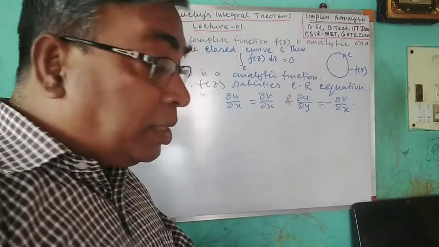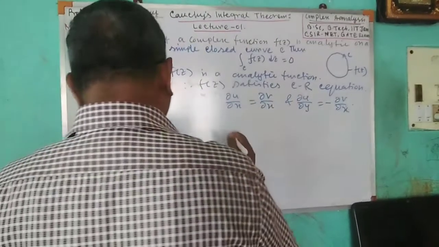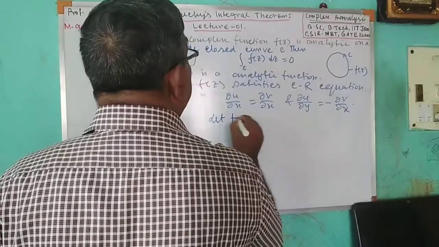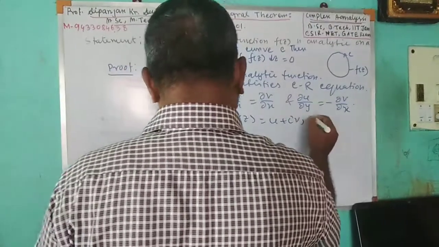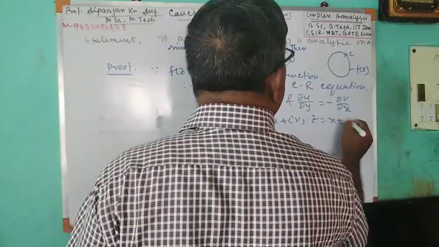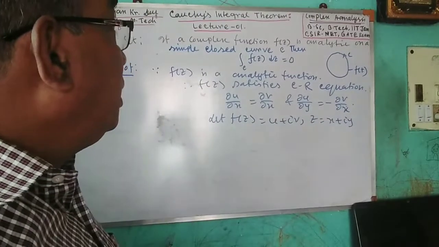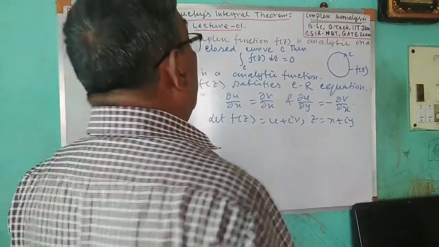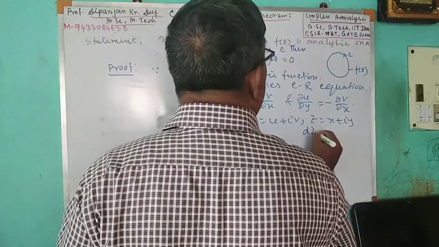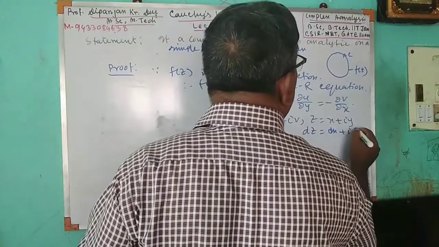So this is the CR equation. Now let f(z) equal u plus iv and z equal x plus iy. Because f(z) is a complex function, z equals x plus iy, so dz equals dx plus i dy.